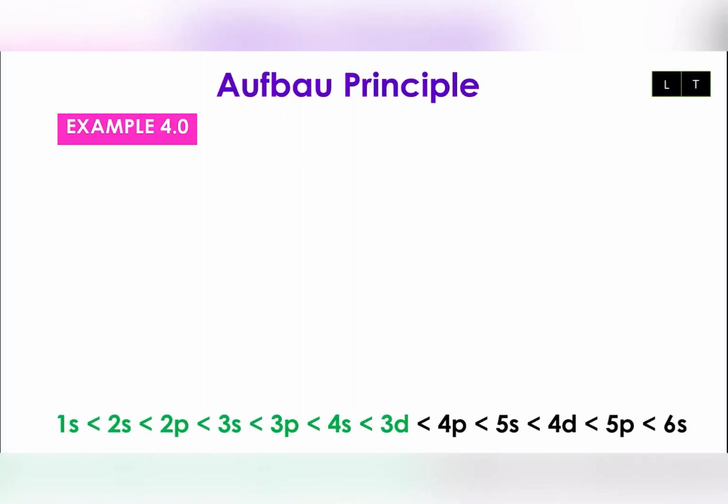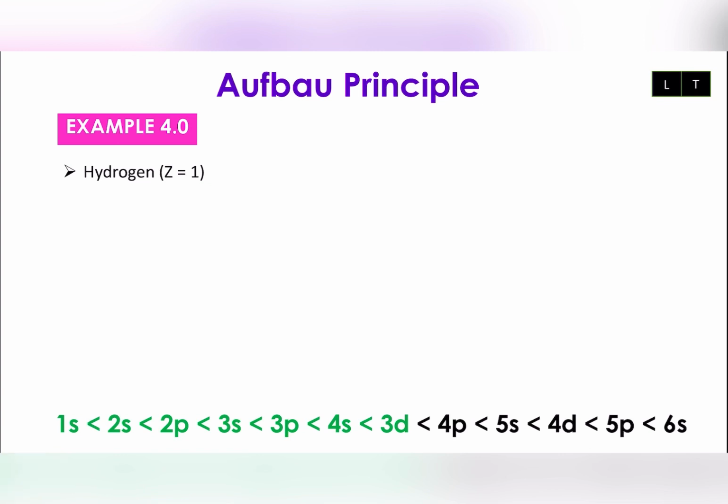Let's try a few examples based on specific elements. I have hydrogen. If I want to write down my electronic configuration based on the Aufbau Principle, I have 1s. As you know before, the 1s orbital has one orientation, and one orientation can accommodate 2 electrons.